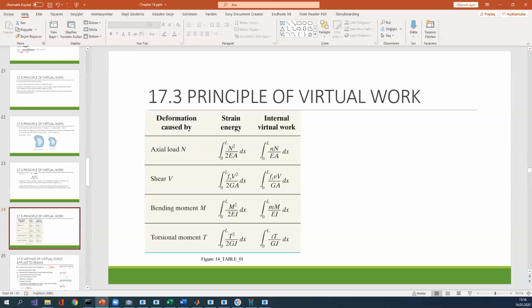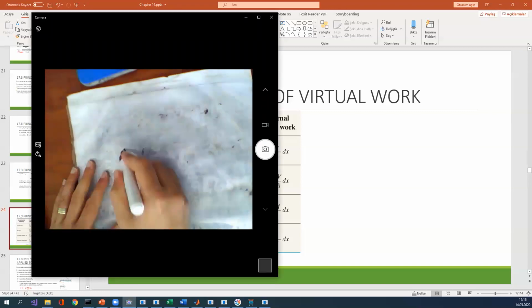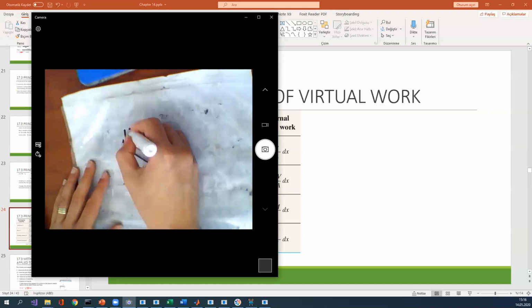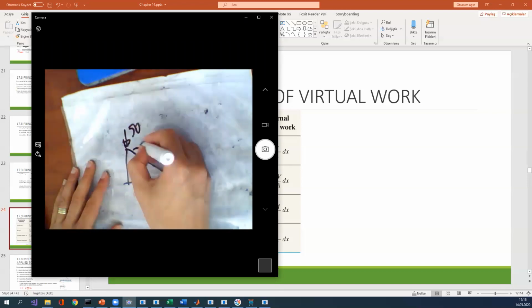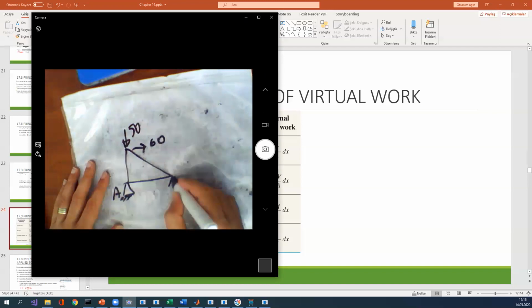For example, if I have a truss system like this, and we have different loads, for example 50 and 60 kilonewton, and point A is a pin support, point C is a roller support.